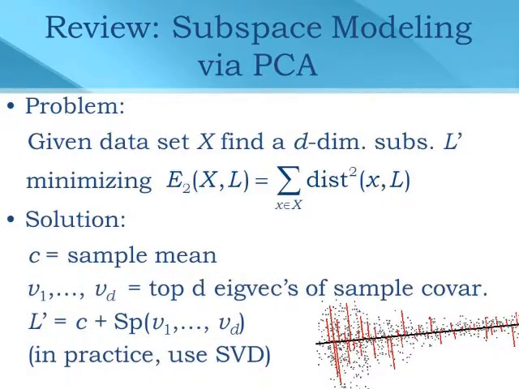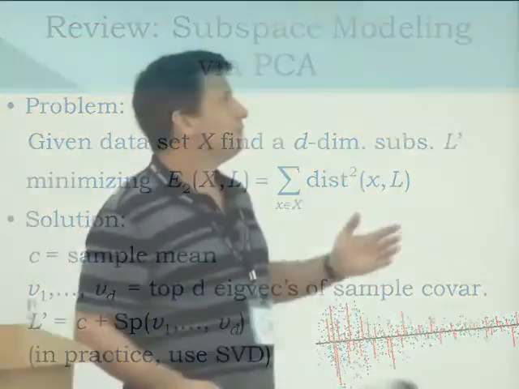Usually, we all know that modeling data with subspaces, we start with PCA. Let me just make sure we're all with me. In PCA, how do we model the subspace? For example, we want to fit a line to the data.